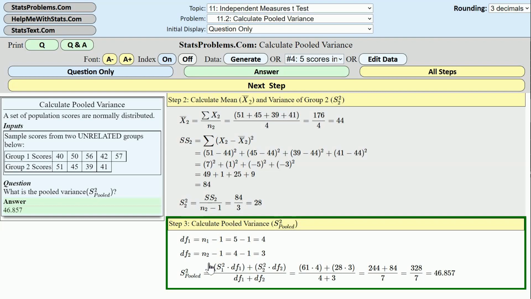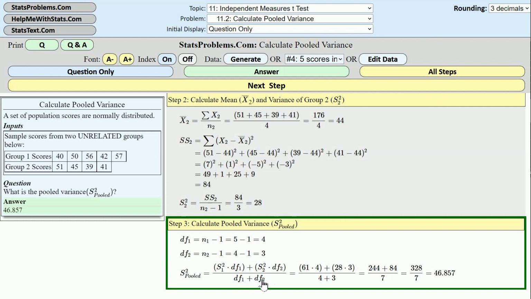Now we calculate S squared pooled. S squared pooled equals variance of Group 1, S1 squared, times the degrees of freedom for Group 1, df1, plus variance of Group 2, S2 squared, times the degrees of freedom for Group 2, df2, divided by df1 plus df2.